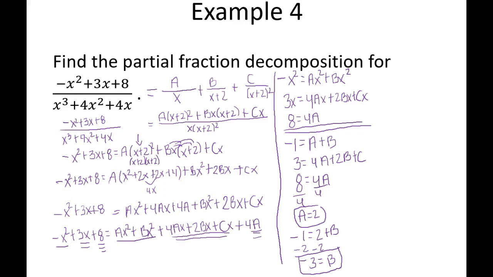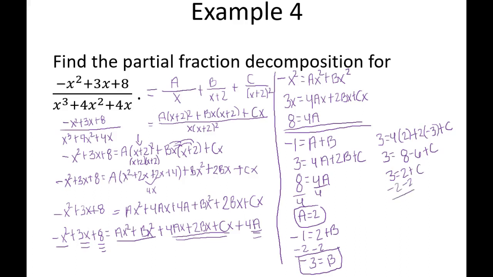Okay, so we're going to have 3 equal to 4 times 2 plus 2 times -3 plus c. So we got 3 equal to 8 minus 6 plus c. So 3 is going to be equal to 2 plus c.